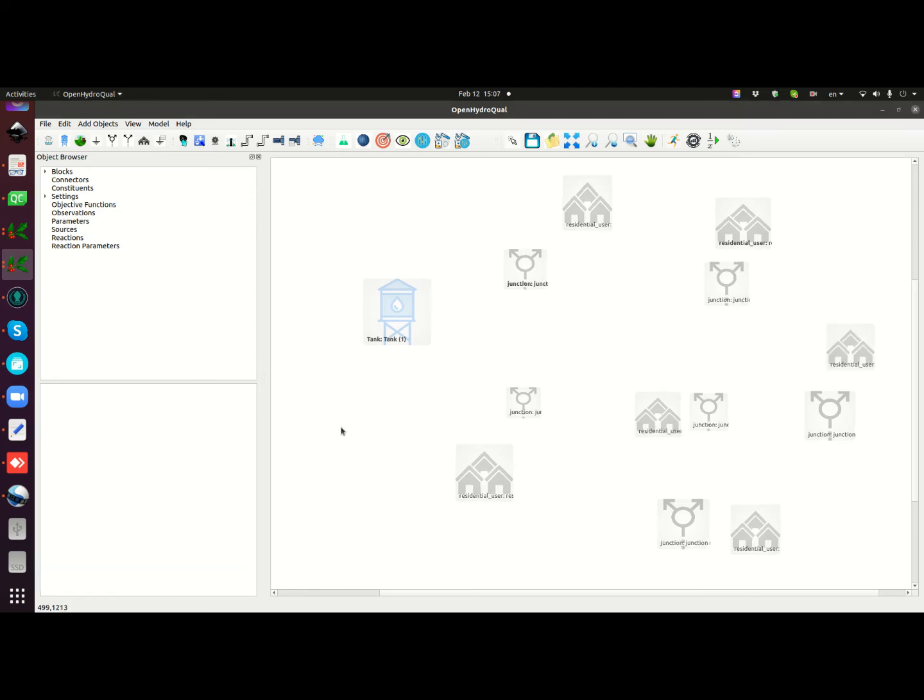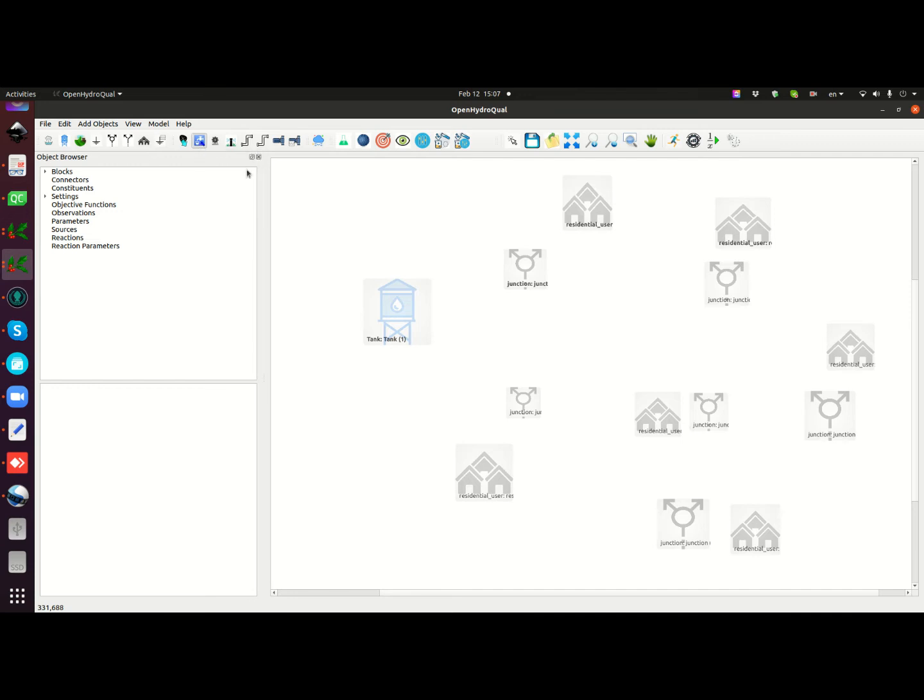Okay, one more thing that I need to do is connect the users to the nodes, so to the corresponding nodes. What that says is that I want to indicate that a user is taking its water from a specific node. So in order to do that, I'm going to use this link called flow link to user.